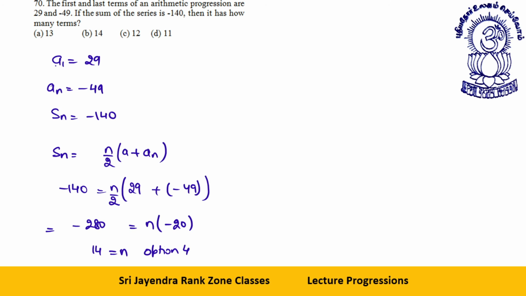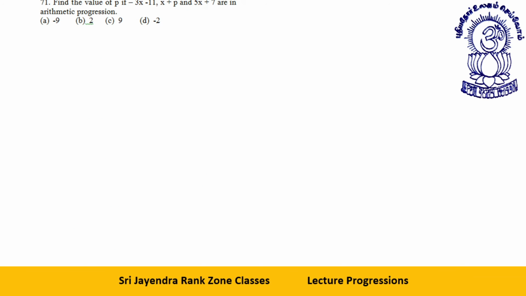Okay, let's proceed further. Let's take the next one. Find p if minus 3x minus 11, x plus p and 5x plus 7 are in arithmetic progression. See, if three numbers are in AP, what happens?